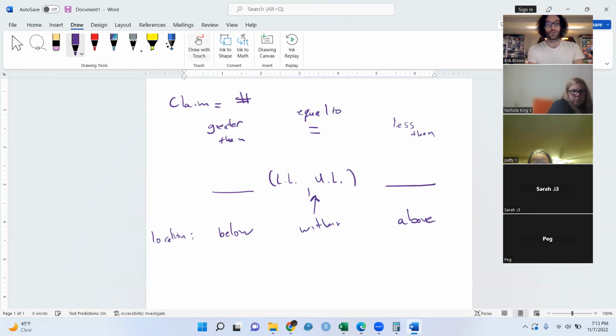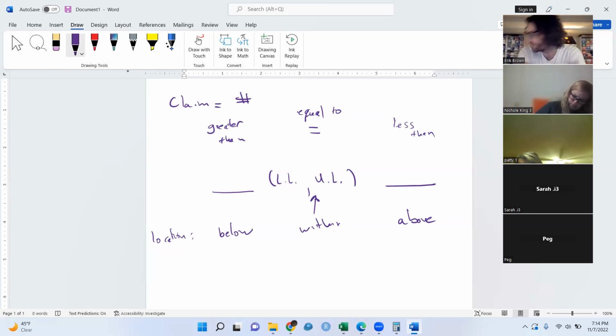Any other word that is similar to this, your number has to be below the lower limit. Because if we're claiming that the true population proportion is above a particular number, then the smallest possible value for the true proportion, the lower limit, has to be above the number. Okay.